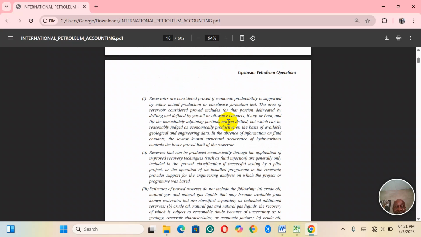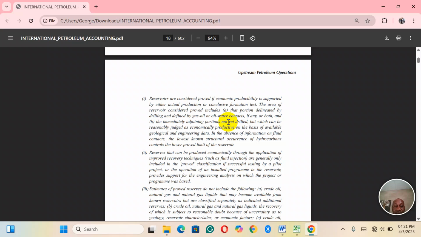Then we also look at reserves considered proved if the economic productivity is supported by either actual production or conclusive formation test.